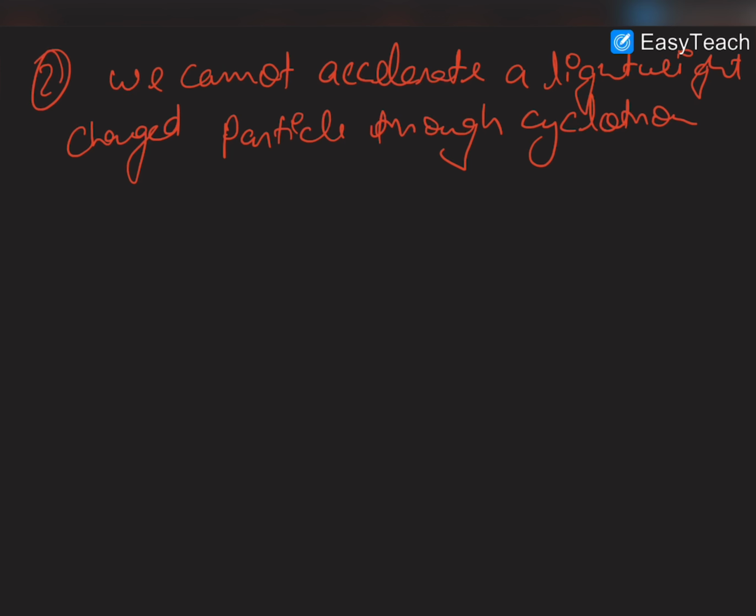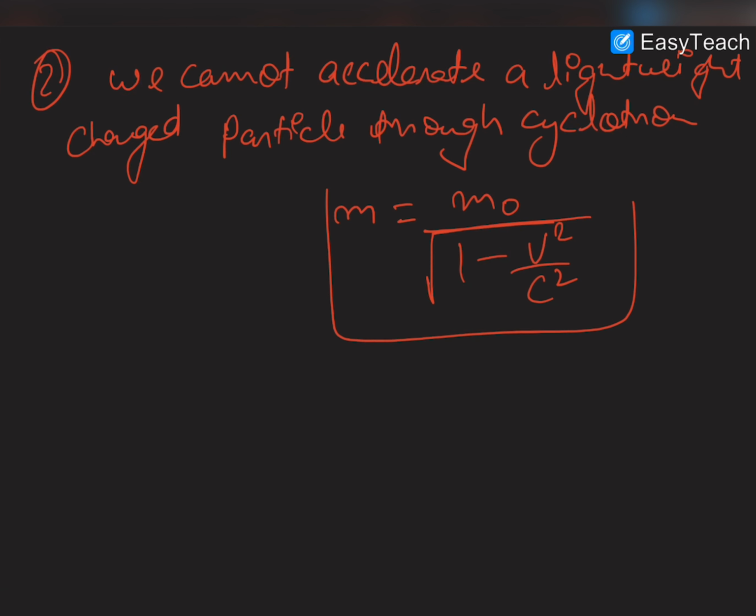Now let us discuss how we cannot accelerate the lightweight charged particles. We know that according to Einstein, the mass of any moving object is not constant, and if that object is moving somewhere near the speed of light, then its mass starts to change with the speed of that particle.